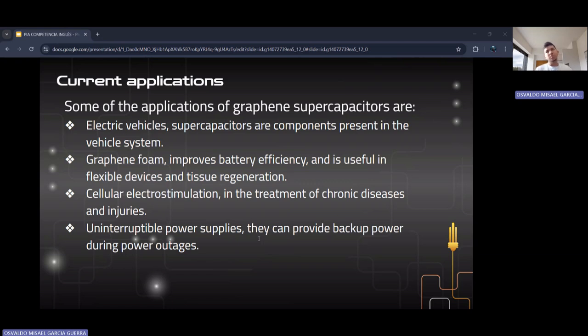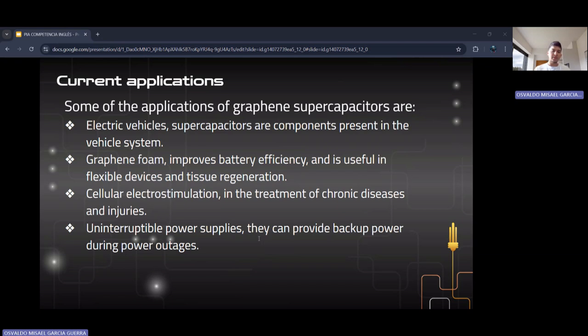They could also help decrease the use of fuel in current vehicles. Graphene foam is a 3D structure made of interconnected graphene sheets, essentially a macroscopic foam composed of the two-dimensional material graphene.